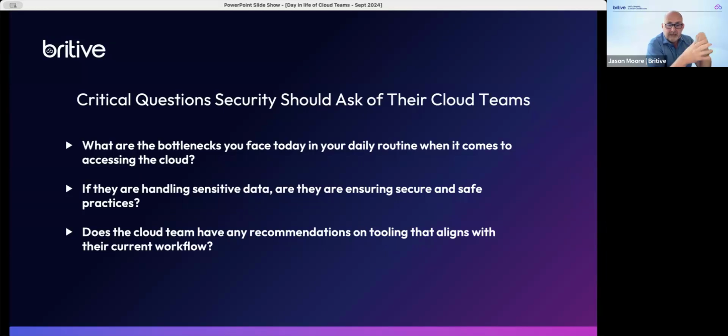For maybe an SRE, that's music to their ears, because now they're never leaving one terminal window, which has never been seen before for them. They're normally going to different tools and copy and pasting credentials. So ask them if they have any recommendations on tools that align with their current workflow, because that's something we've seen really work well.